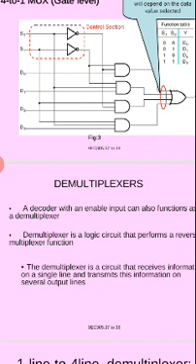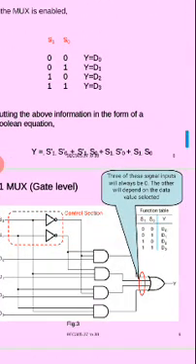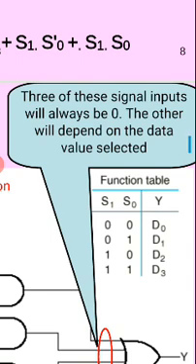This is called gate level explanation of multiplexer. Functional table for S1, S0: for 0 0 select lines, D0 will be allowed.